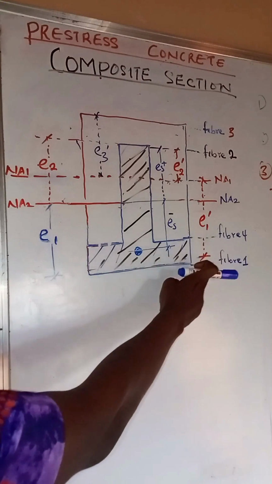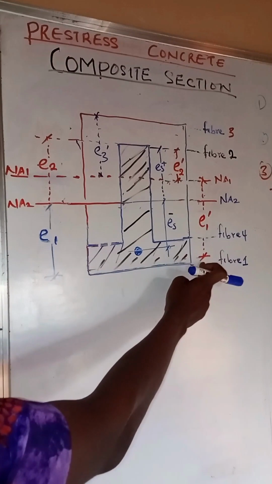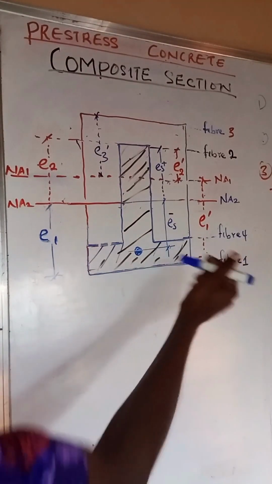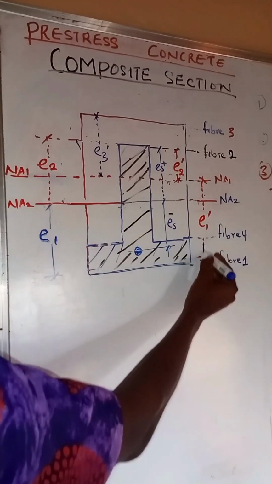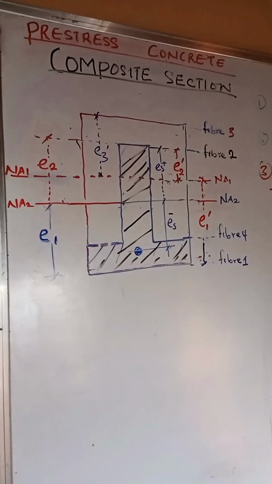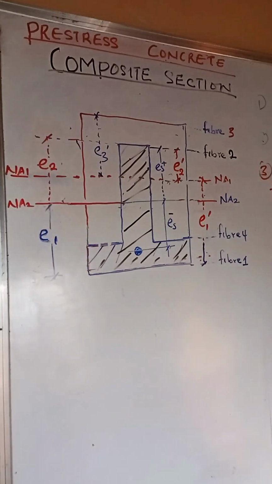Similarly, we have E1 prime, which represents the centroidal distance of the composite section with respect to fiber number 1. Sorry, we have E3 prime, which represents the centroidal distance of the entire composite section with respect to fiber 3.